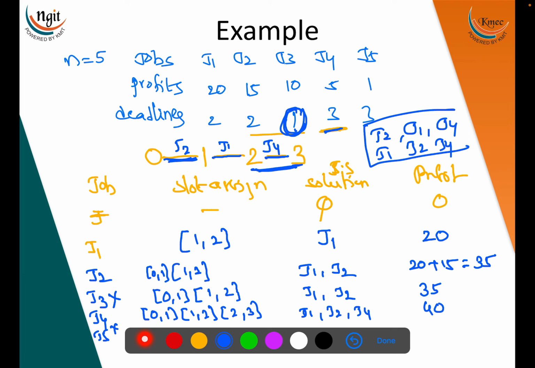So these are the two job sequences. What are the solutions of this problem? When you are asked to write the optimum solution, whichever gives the maximum profit value is the optimum solution. That means J1, J2, J4 is the optimum solution of this problem. Thank you all.